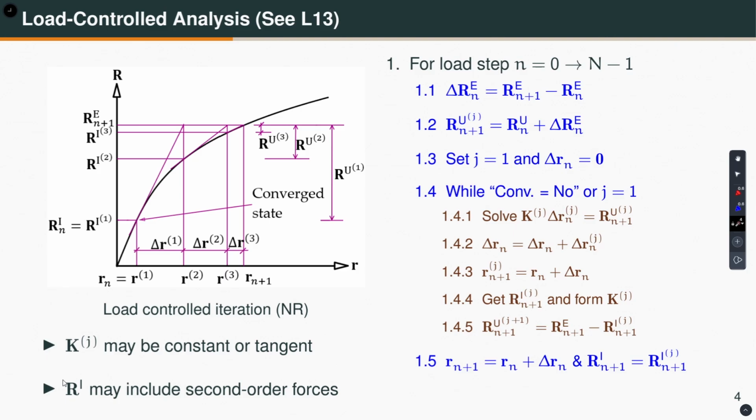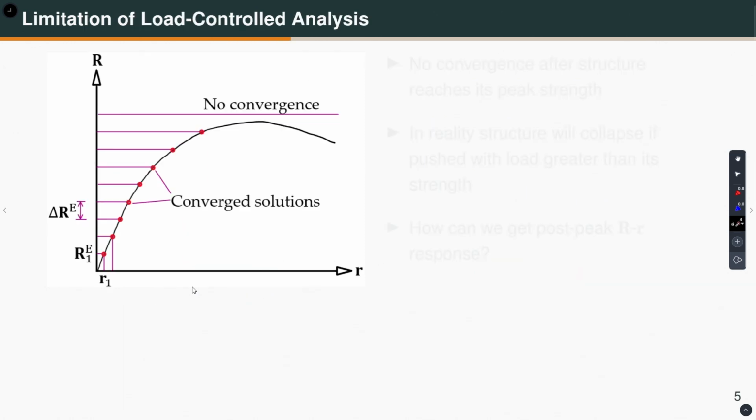So, this is a load control analysis, that means I apply certain load and I iterate to determine my equilibrium condition. That means when the external force is in equilibrium with the internal force, and then this is my displacement, okay. Now, let us consider that we have a structure, the response of which is going like that, right.